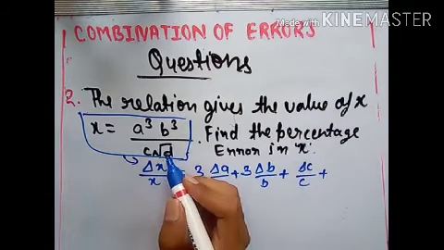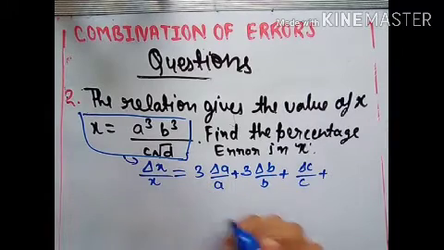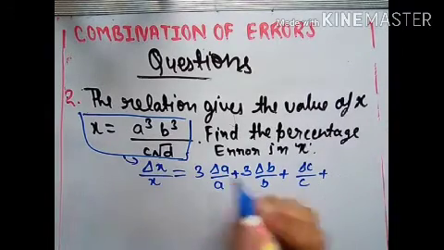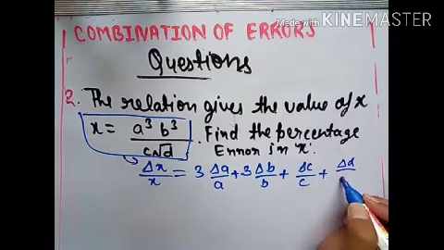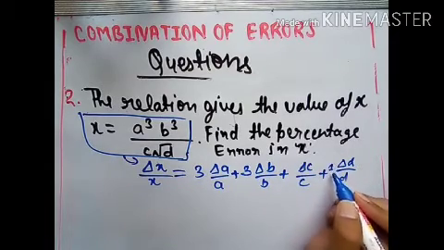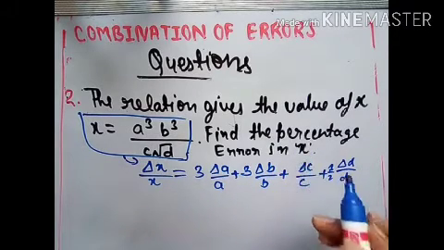What about the root? Yes, exactly, d to the power 1 by 2. This is what I want from you to answer me. Delta d upon d, and what will be here? 1 by 2. Now if you multiply equation LHS and RHS with 100, what you will get? You will get percentage error in x.